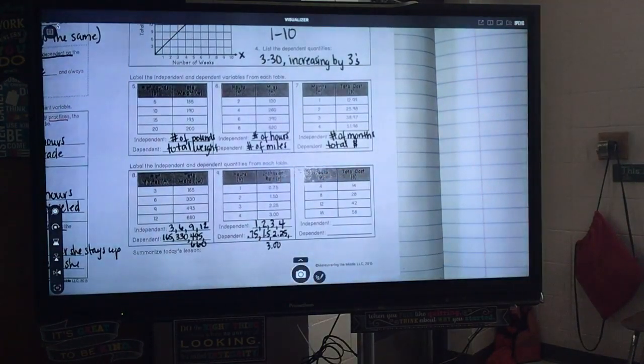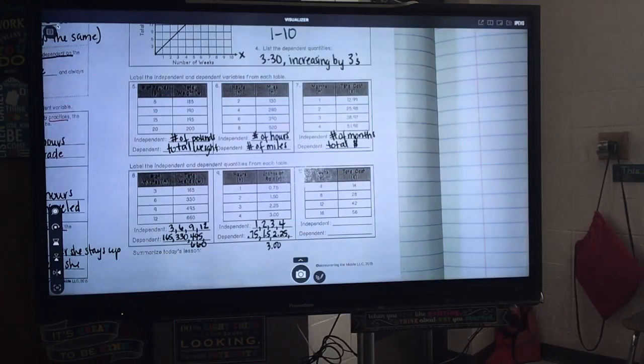Alright, so number 10, which one is our independent, which one is our dependent? Zoe R. Both.